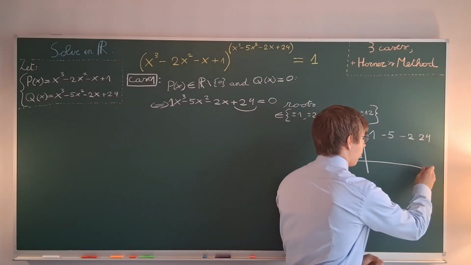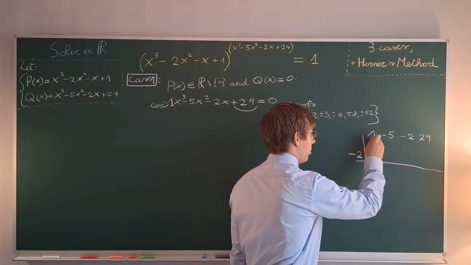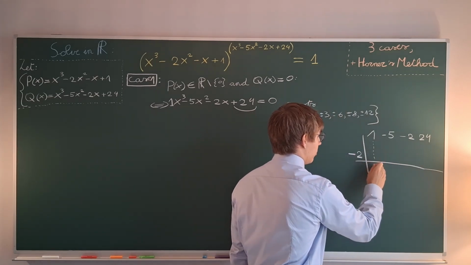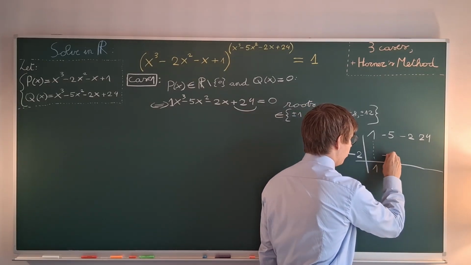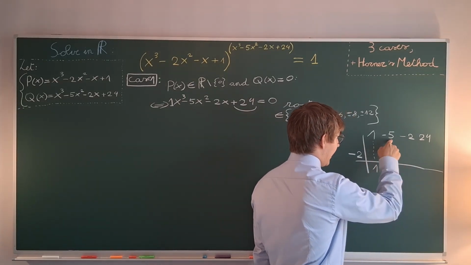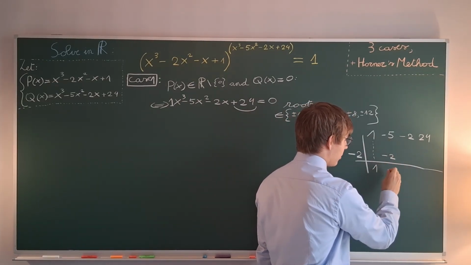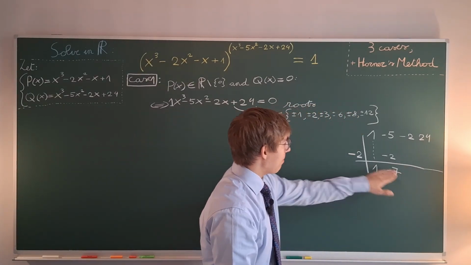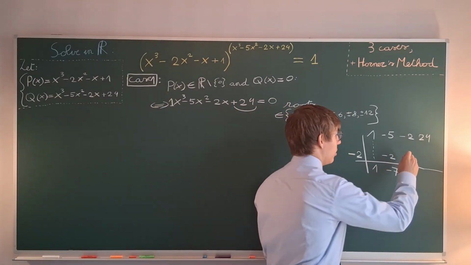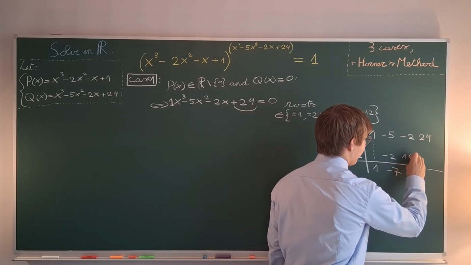And now we apply Horner's method. So we slide the 1 right here. 1 times minus 2 is equal to minus 2. And then we add minus 5 and minus 2 to get minus 7. Then we multiply minus 7 times minus 2, which gives 14.